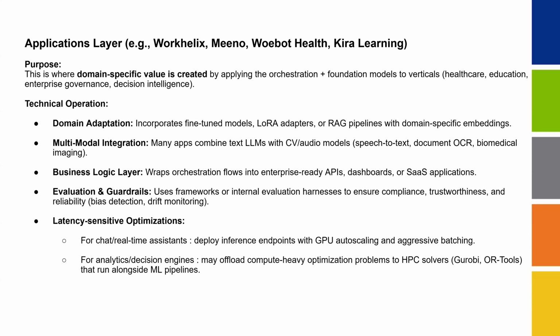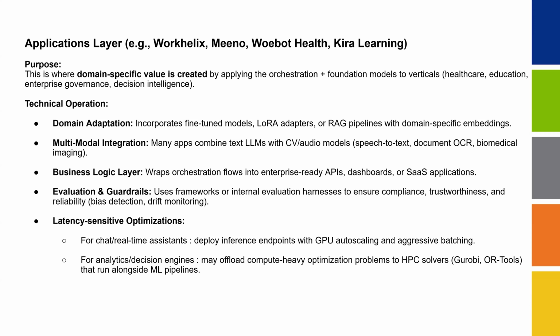So for chat and real-time assistance, deploy inference endpoints with GPU auto scaling and autoregressive batching. For analytics and decision engines, there is a place to offload compute heavy optimization problems to HPC solvers that run alongside the ML pipeline.